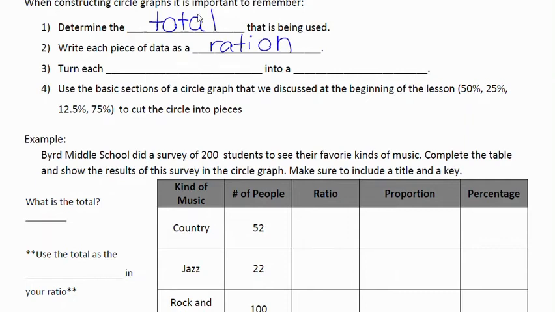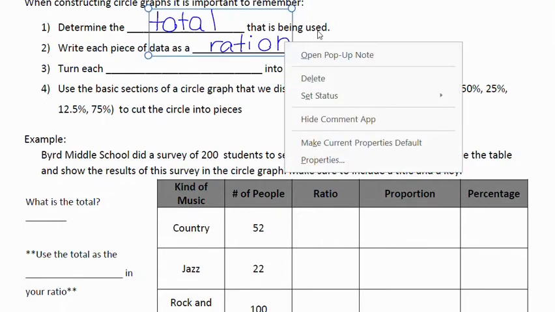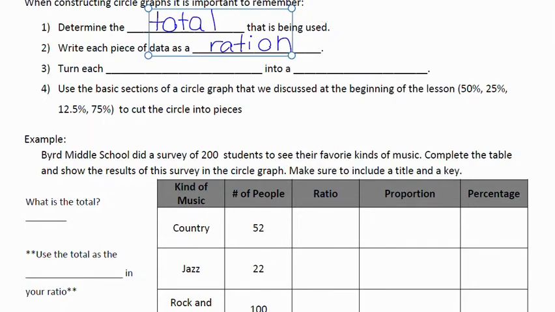And then we're going to turn each ratio into a percent, and we're going to use a proportion. We can also use the basic sections of the circle graph that we discussed, which would be 50, 25, 12.5, and 75 to cut it easily into pieces.